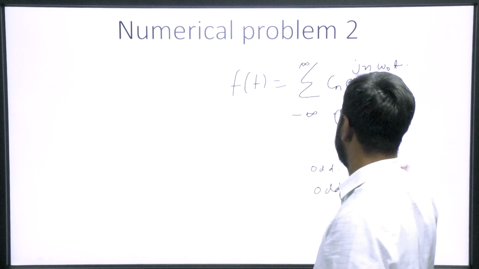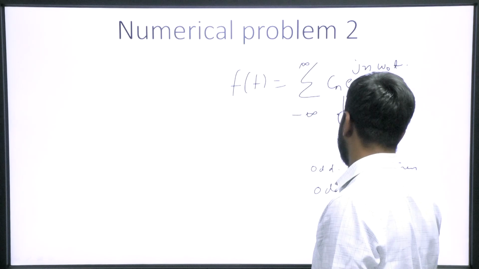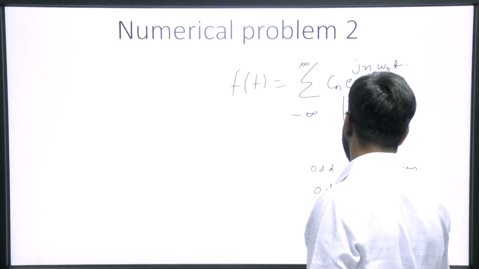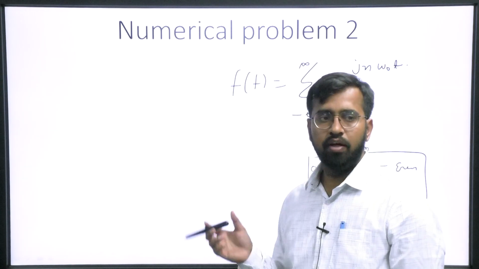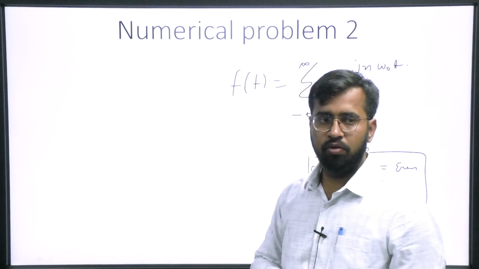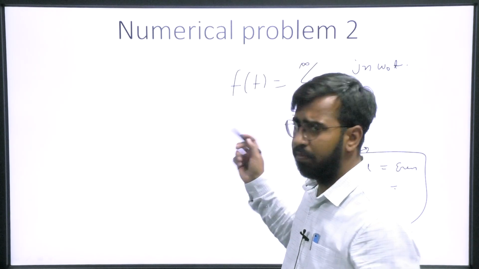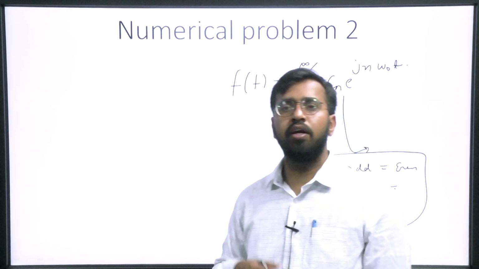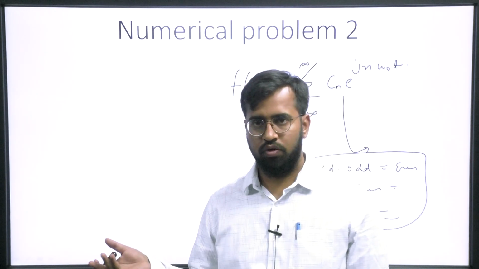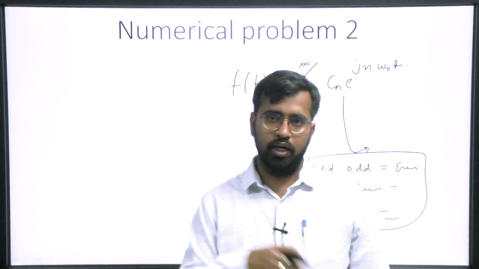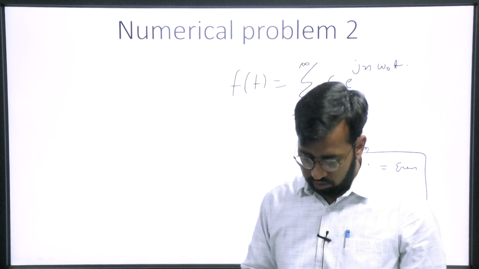Multiplication of two odd functions, what is the result, odd into even, what is the result, multiplication of even into even signal, what is the result. By using that combination we have derived that table, which we use to solve the problem in order to find the nature of the function, okay. So, if you have the function you can tell the nature of the coefficient, and if you know the coefficient you can tell the nature of the function.